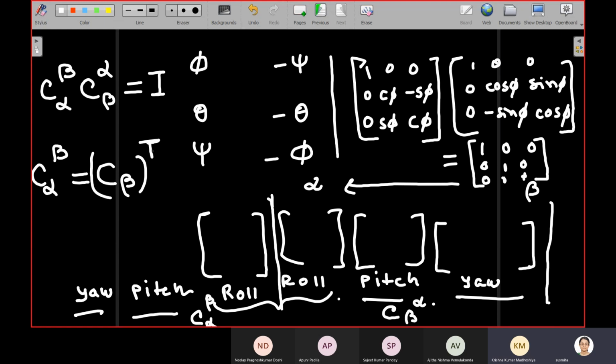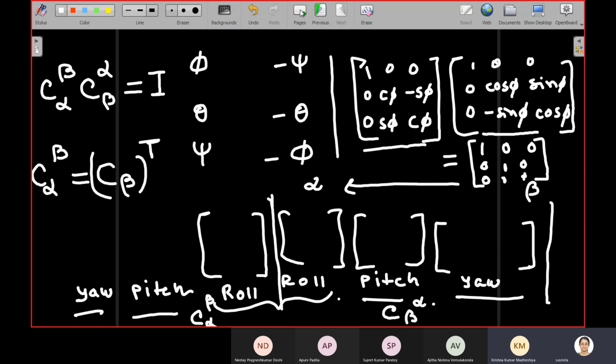You just consider each of these small matrices. So this roll matrix, what is its transpose? Its transpose is nothing but this one, correct? Then similarly for pitch and yaw.